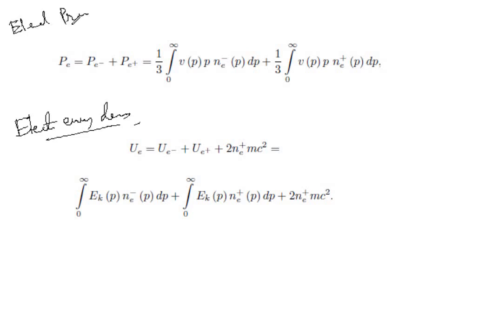Now, as usual, you see the integrals are quite complicated to evaluate analytically, but there are simple limiting cases which can be considered, just as we have done previously. Okay, now first we will consider a case of relatively low temperature and low density.